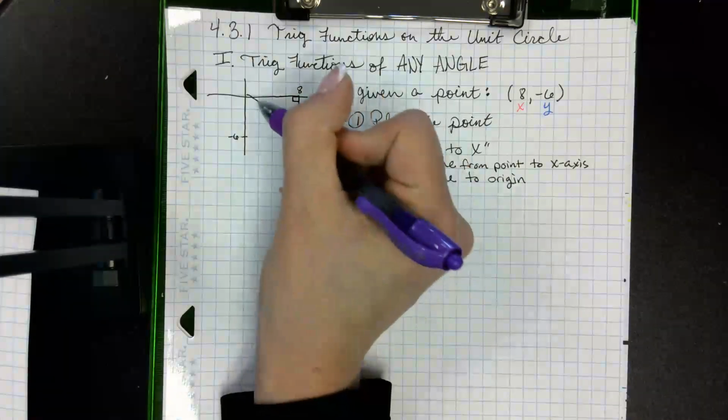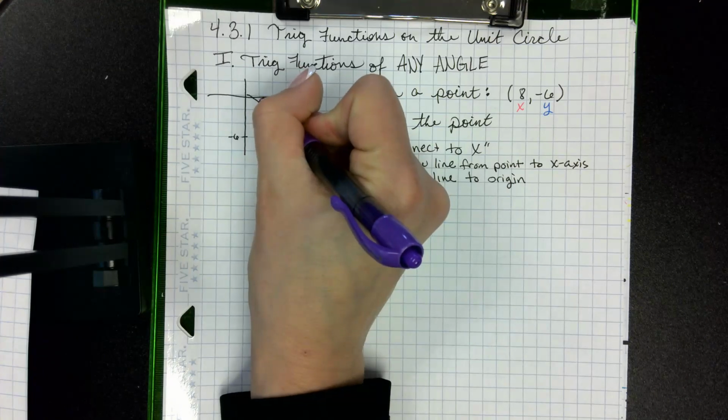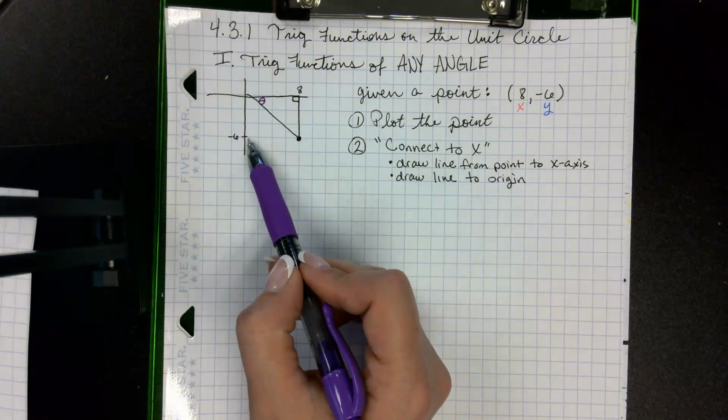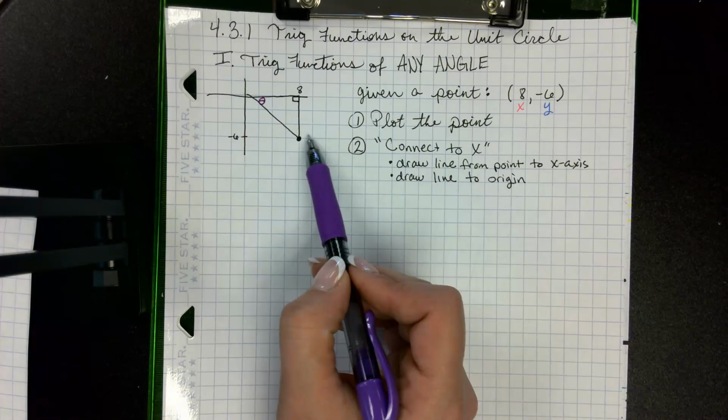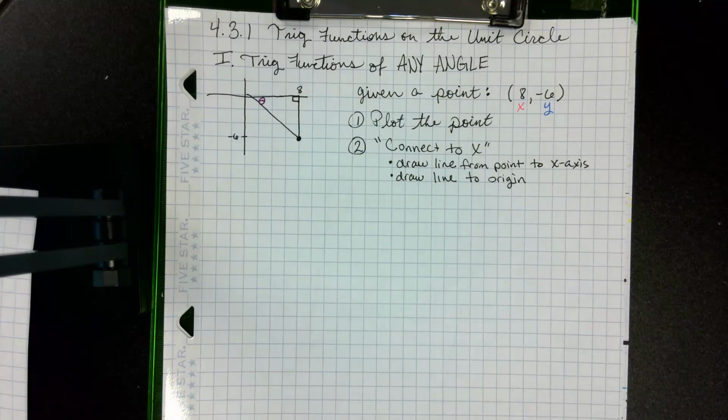And over here at the origin is where our theta is going to be. It's always near the origin, between the radius and the x-axis. Do not connect to y, because then everything's going to be wrong. It always has to connect to x.